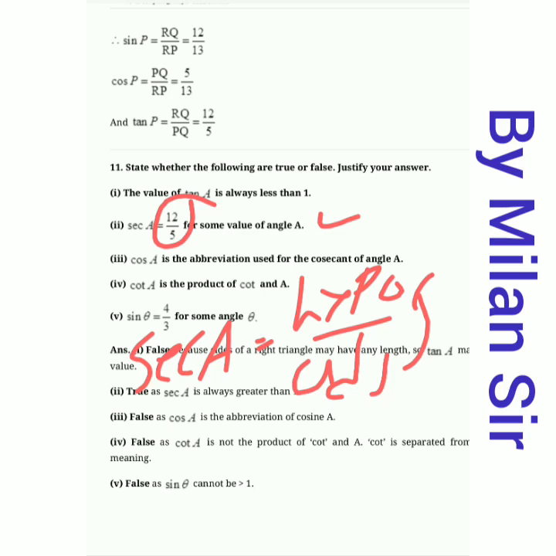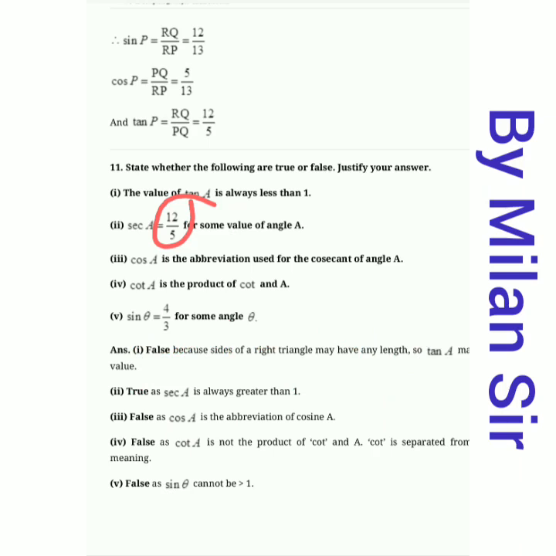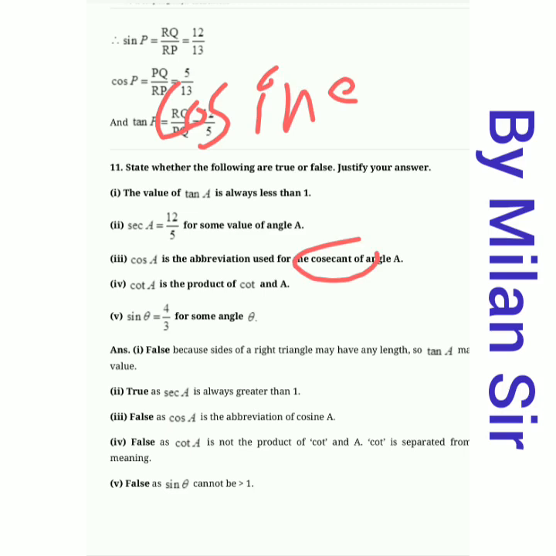Okay, then third statement, cos A is the abbreviation used for the cosecant of angle A. Abbreviation means a short form. Okay, cos A is the short form of cosine, not cosecant, so that's why this statement is false. For cosecant we use cosec theta, right?